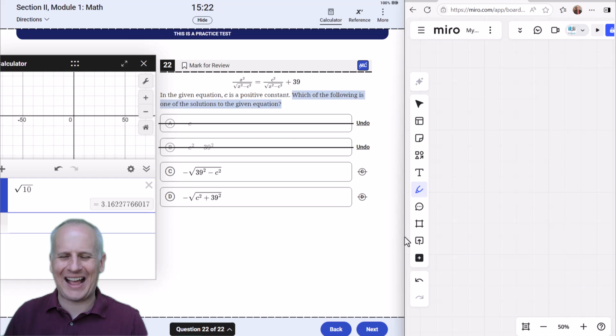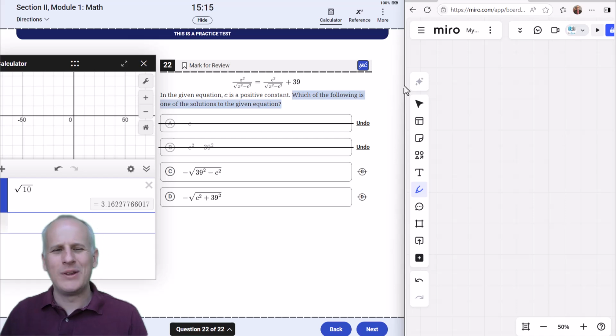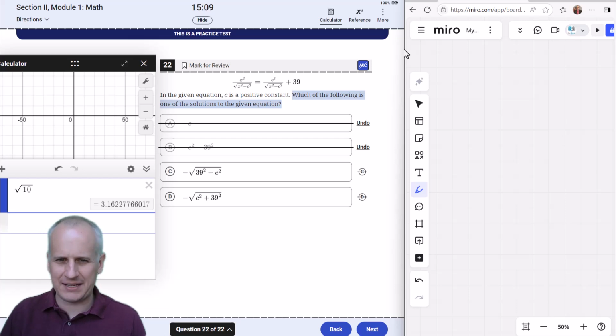we've got to figure out how to isolate for our x. And the way that the equations are set up, we can see that 39 is the only constant itself that is known. We know that c squared is a positive constant, but we don't know what c is. It's an unknown.